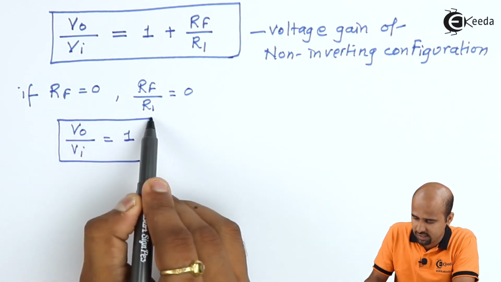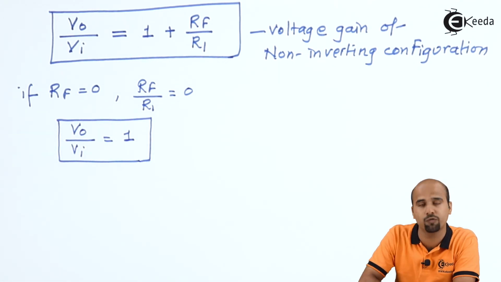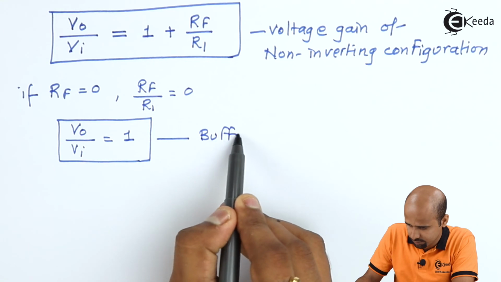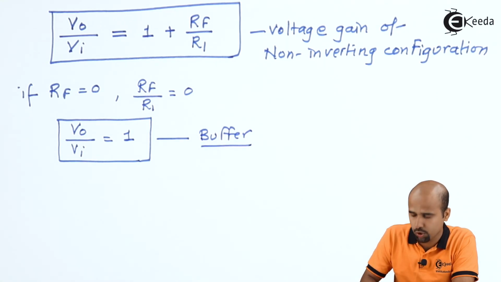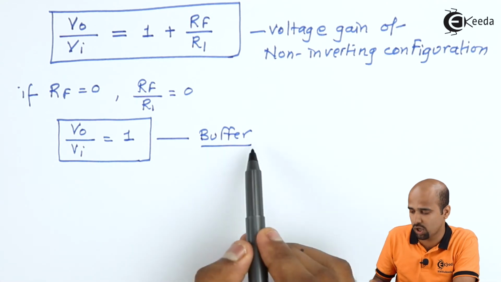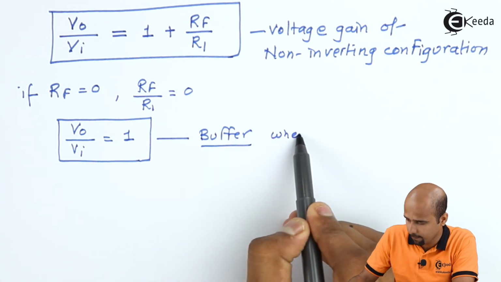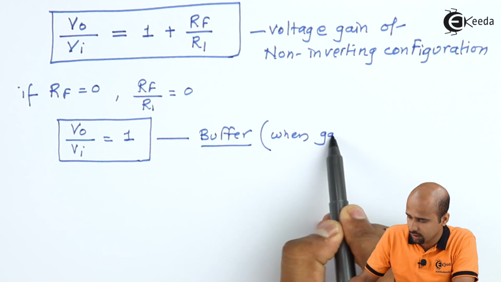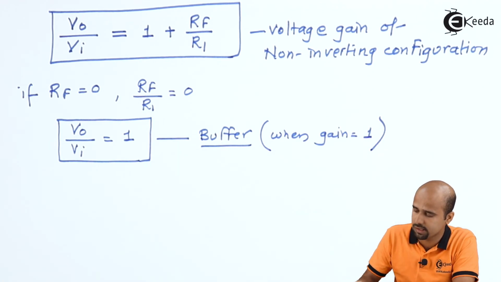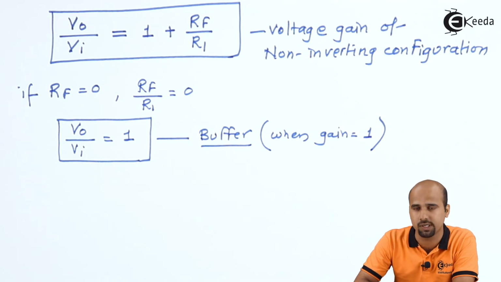That means this is nearly the same as your emitter follower or source follower circuit. This is called a buffer circuit. So in a viva question, this is very important. When RF is equal to 0, your circuit is called a buffer circuit. When gain is equal to 1, the circuit will be called a buffer circuit.